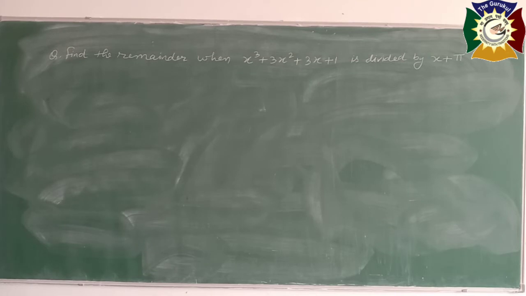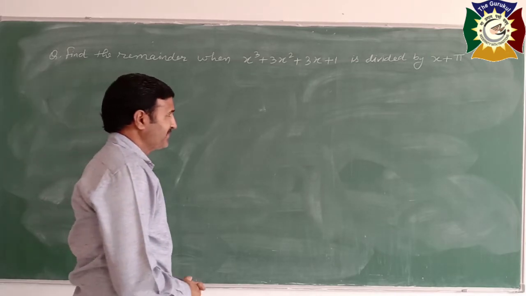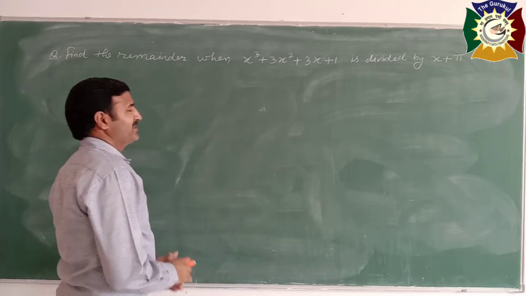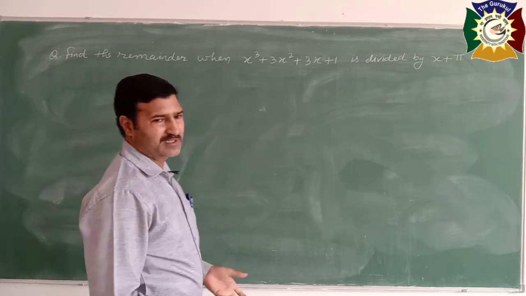We have to find the remainder. We will not put the value of pi because we don't know the exact value of pi, so we will find the remainder in terms of pi.